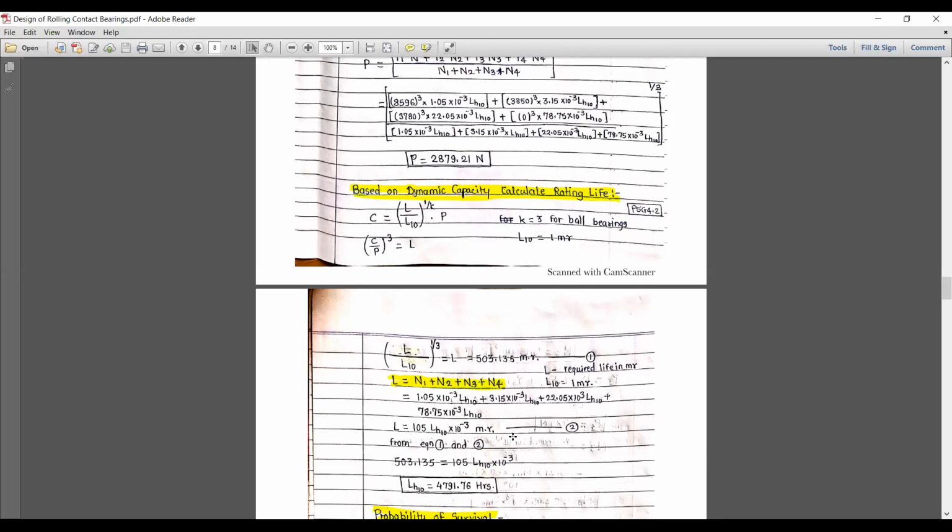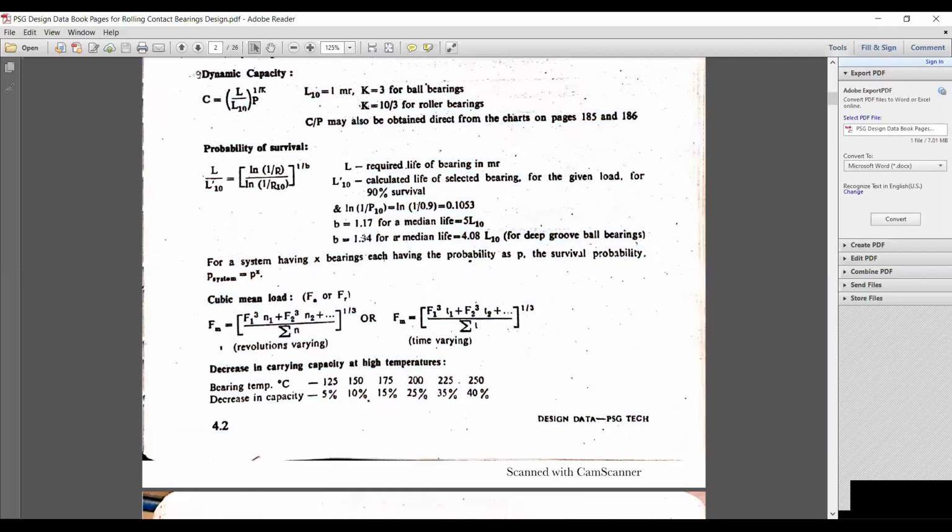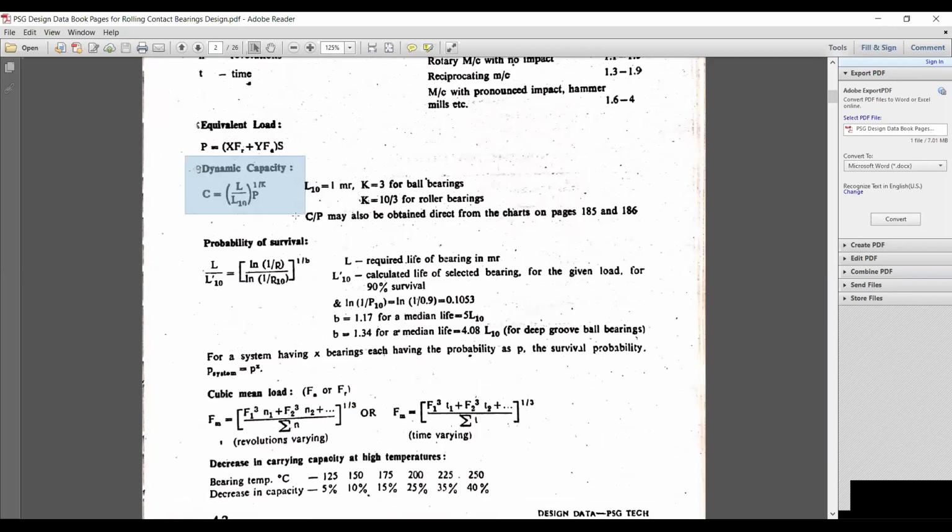Referring page number 4.2, C is equal to (L by L10) raised to 1 upon K into P. Okay, as seen in the PSG, so we are using this dynamic capacity equation. C is equal to (L by L10) raised to 1 upon K into P.